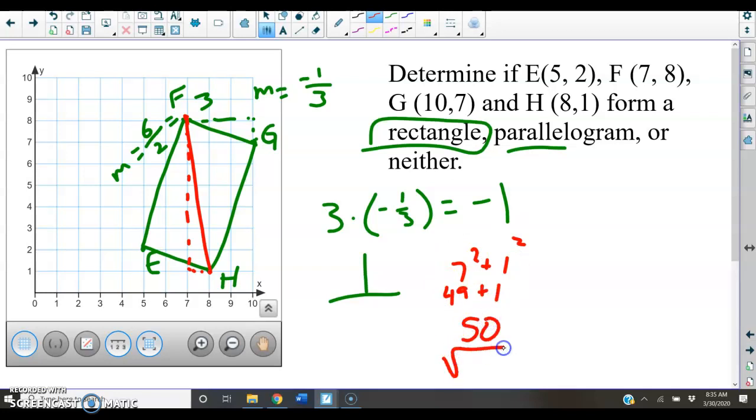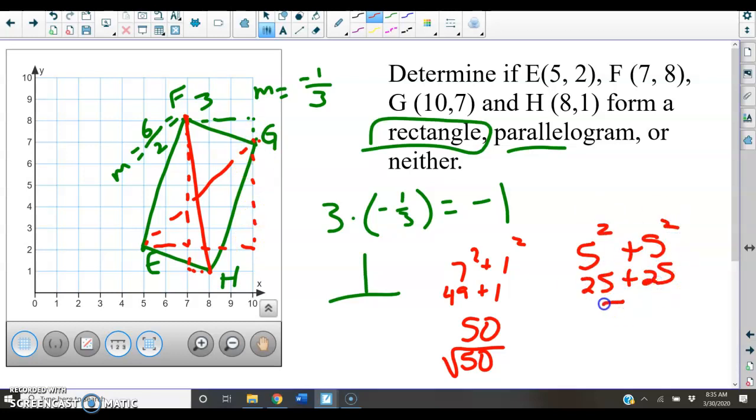So the length of that diagonal is square root of 50. From E to G, our change in x is 5, our change in y is 5. So 25 plus 25 is also 50. So that second diagonal, EG, is square root of 50. The diagonals are congruent. It's a rectangle.